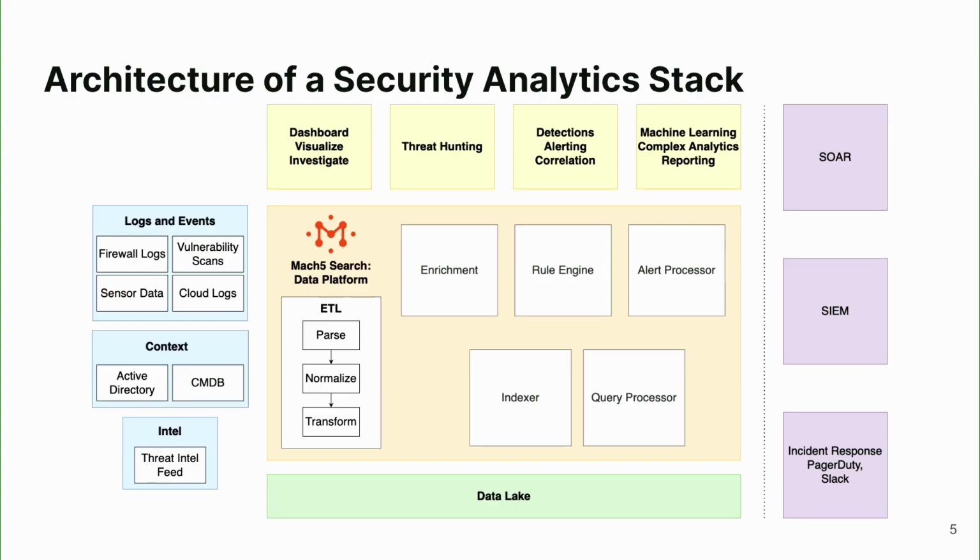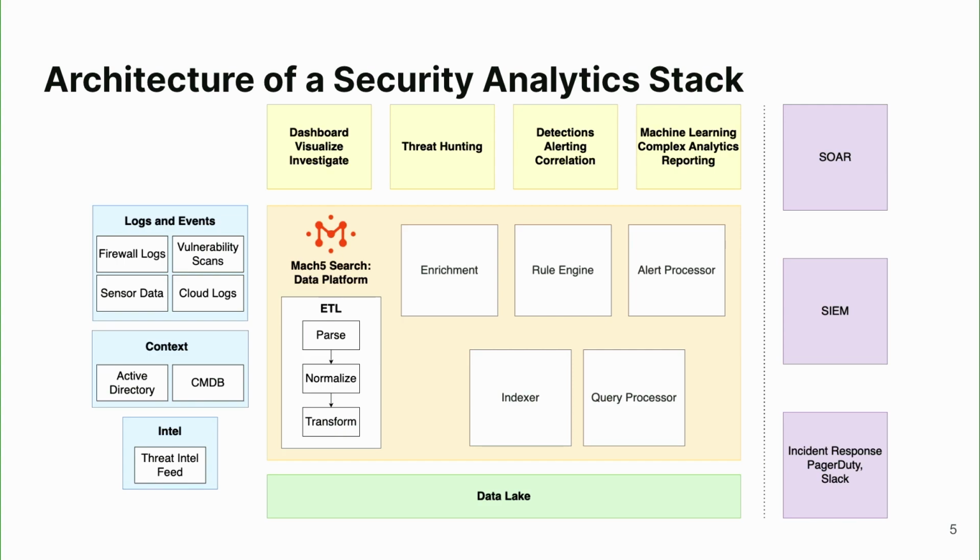On the left hand side, I have sources that come into a SIEM. For example, you have logs and events from various sources. In the security space, there is the need for context, which is related information to the logs, which gives you some contextual information. For example, Active Directory or a configuration management database, which will tell you what devices you have and who owns those devices.